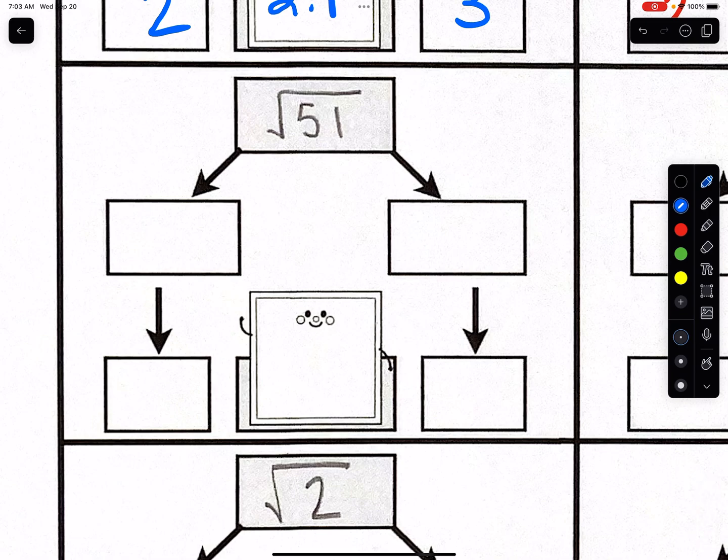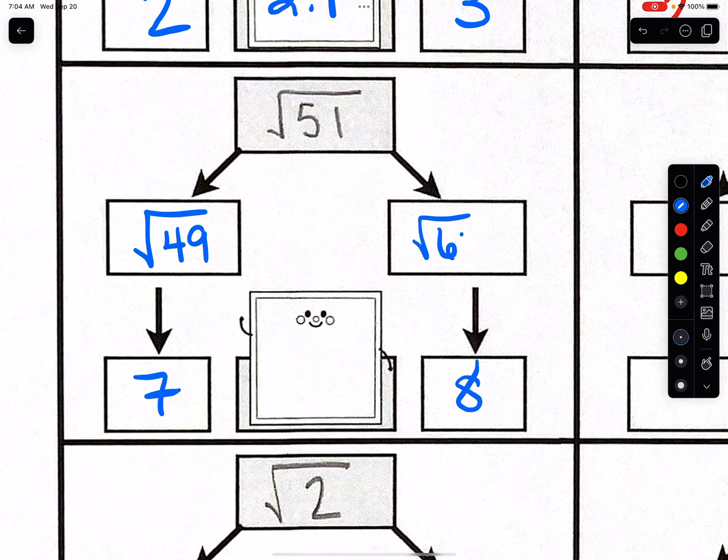Square root of 51. So use your number line, use your multiplication chart, use whatever you want. This means it is between the square root of 49, which is 7, and the square root of 64, which is 8.